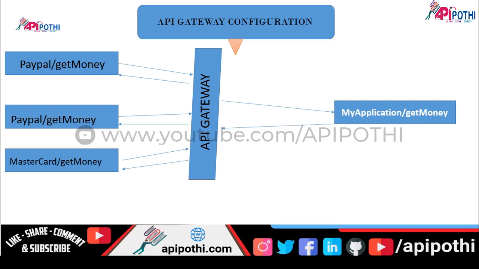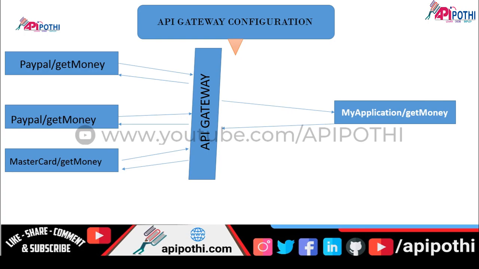Now assume that we have application A and application B. Application A depends on a vendor like PayPal, MasterCard or some ATM card, which wants some services from application B. Now PayPal wants to hit application B asking for PayPal/get money, so get the balance. In the same way, MasterCard also hits services B with MasterCard/get money.